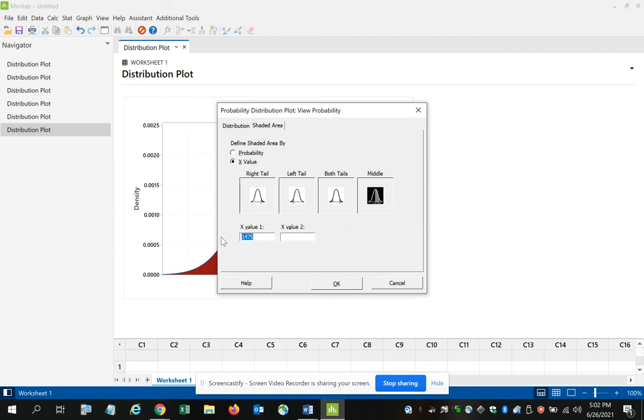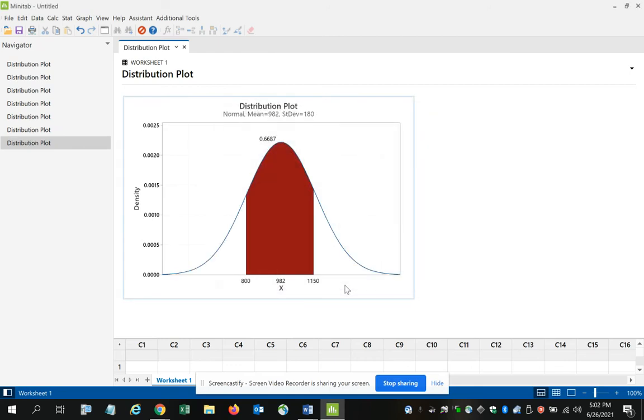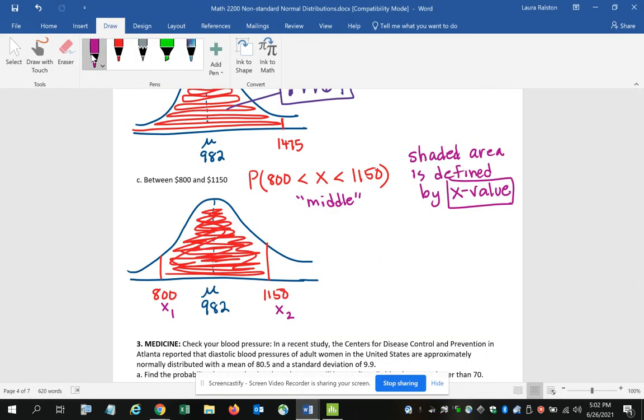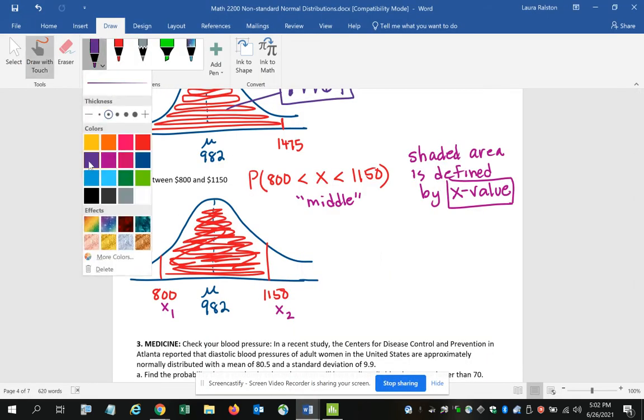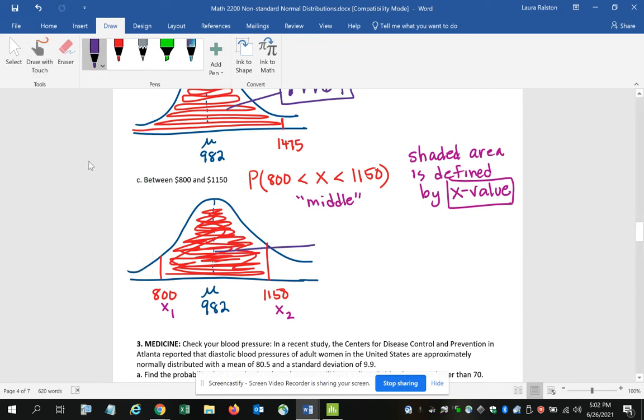My low X value is 800 and my high is 1150. Always read the number line left to right. I click OK. Again, you get a picture similar to the one that I drew, and I get 0.6687. So the red shaded region, according to Minitab, is 0.6687.